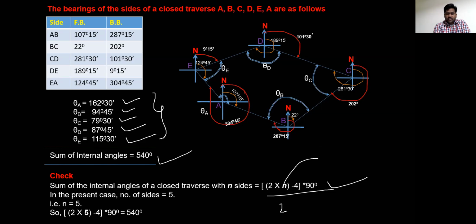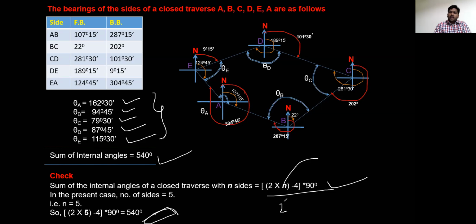2 into 5 is 10. 10 minus 4 is 6. 6 into 90 gives you the 540 value. So the sum of your interior angles and the check of (2n minus 4) into 90 degrees are both equal. So the included angles you have calculated are correct.